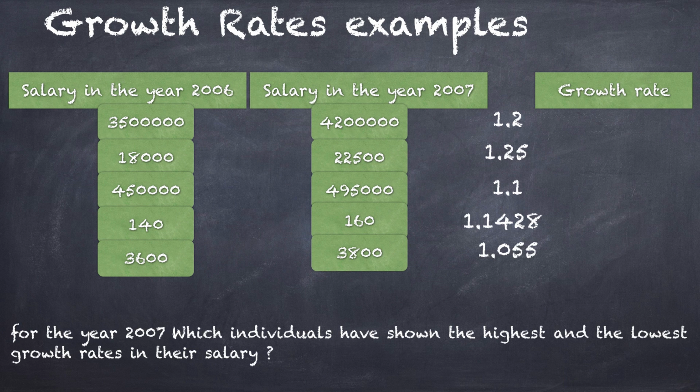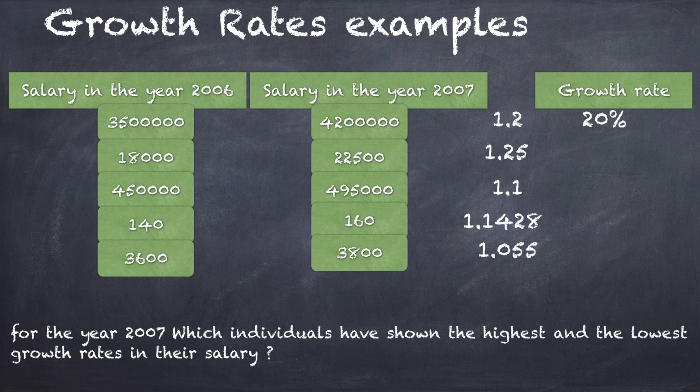Or 42 lakhs is 1.2 times 35 lakhs. That means the multiplying factor to go from 35 lakhs to 42 lakhs is 1.2, and 1.2 is nothing but 120 by 100. That means 42 lakhs is 120% of 35 lakhs, or 42 lakhs is 20% more than 35 lakhs.